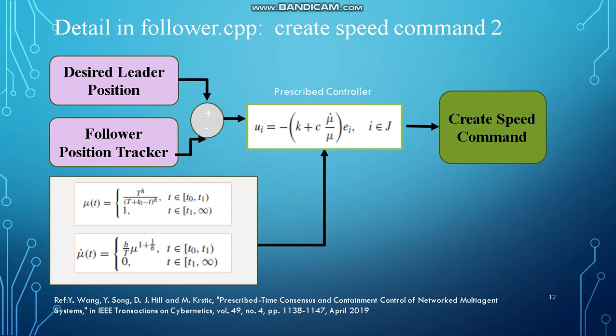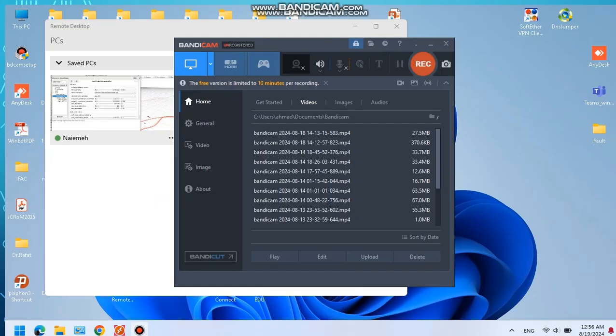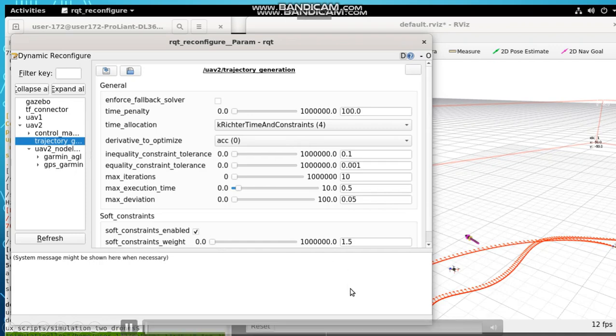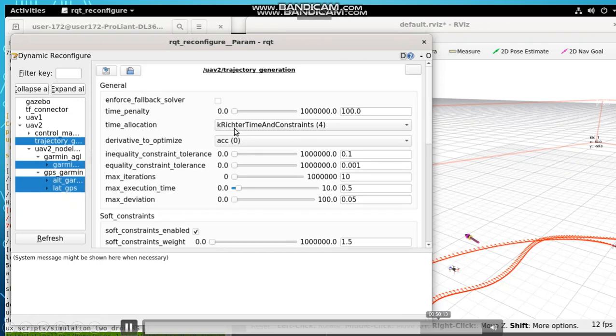I put the reference paper here for the network of multi-agents, a prescribed time consensus, and there are again the error parameters and the mu and mu dot, and h and t parameters are designed in the prescribed controller part, and c are the parameters that will be used to reach a good performance at the prescribed time. I also used some RQT adjustment here.